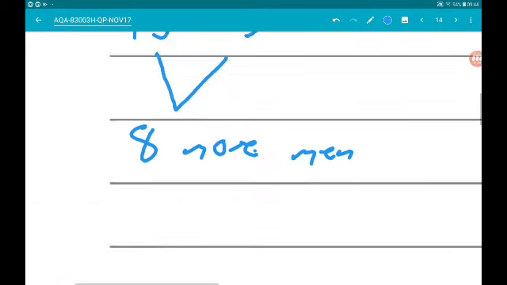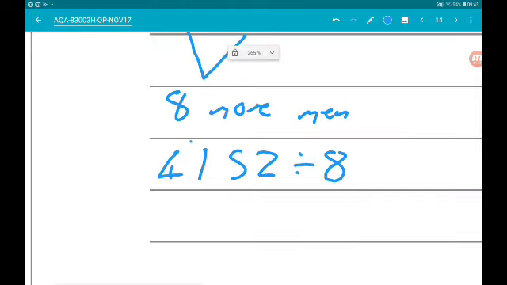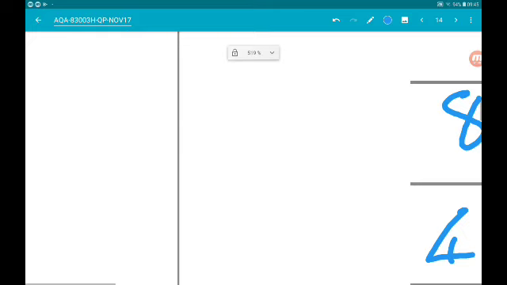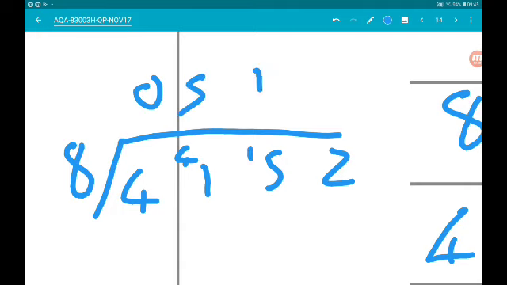So we're going to do 4,152 divided by 8. Let's just do bus stop quickly. 4152 divided by 8: 8 into 4, nope, carry the 4, 8 into 41, 5 times, carry the 1, 8 into 15 once, carry the 7, 8 into 72 is 9.